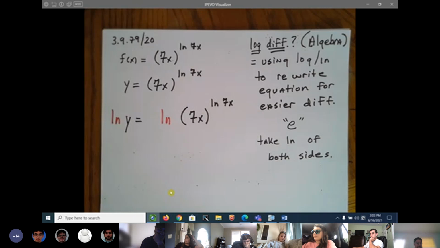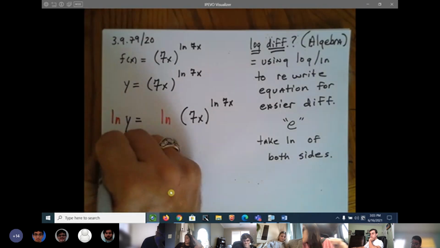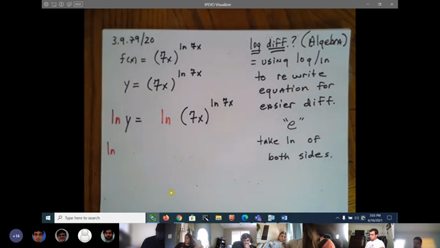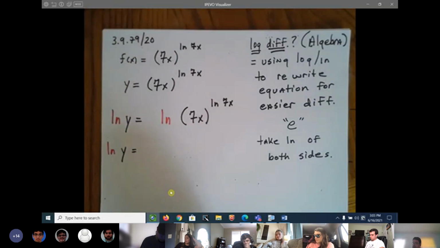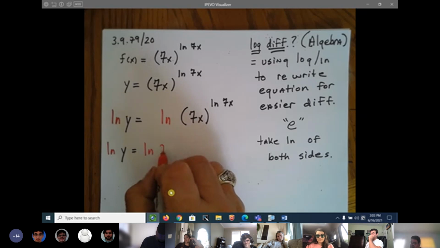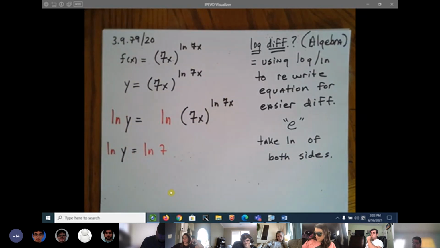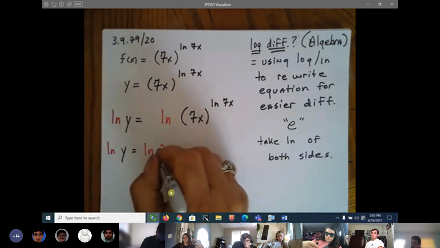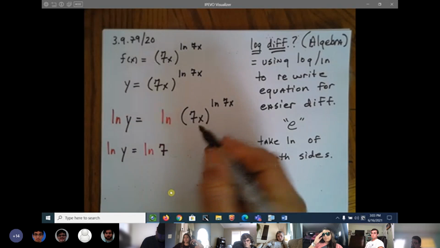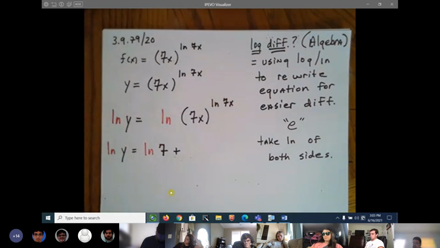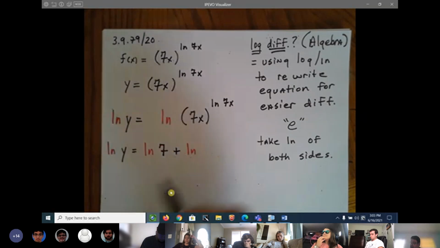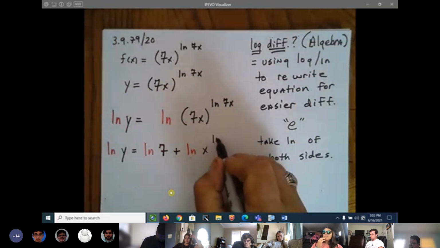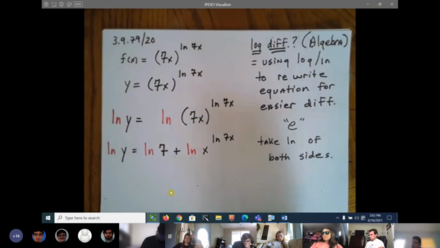Natural log of y is equal to the natural log of 7 plus the natural log of x to the natural log of 7x power.